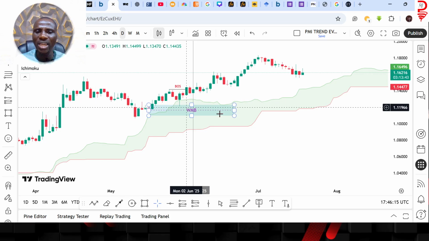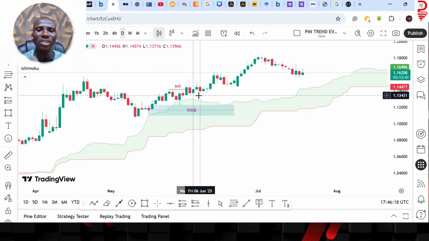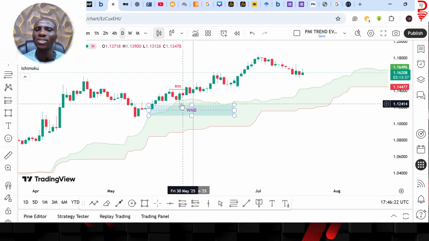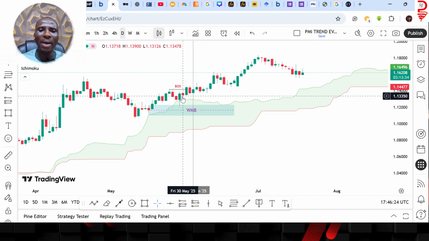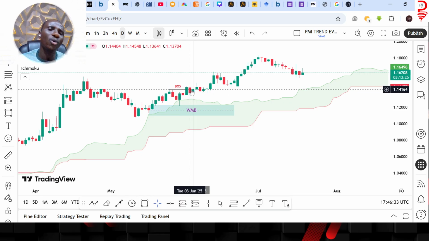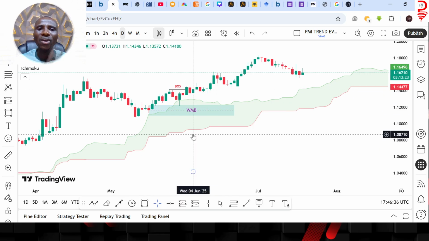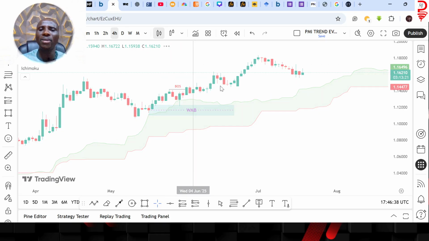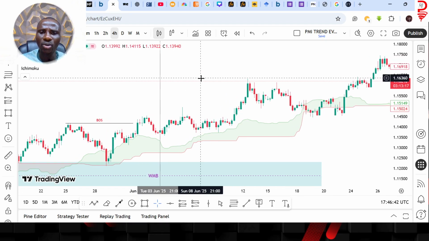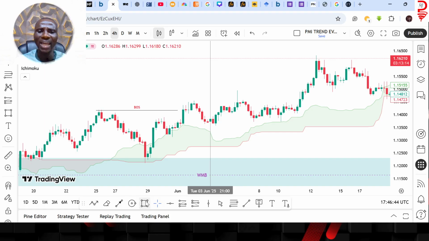So now, if you are to take a daily impulsive wave, after the break of structure, now that the structure is in favor of the directional bias, you have nothing to fear. You wait for a period of corrective wave, which means in this case you wait for a full day of correction. The second day, you go to your confirmation chart, which is the 4 hours, and you are expecting an engulfing move.